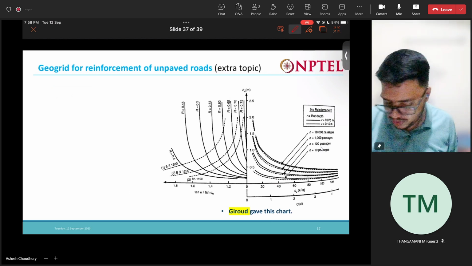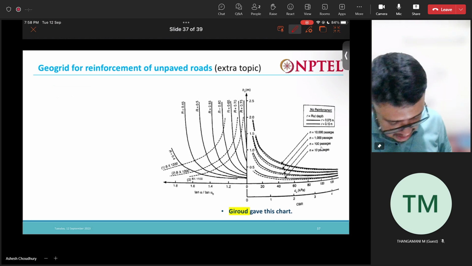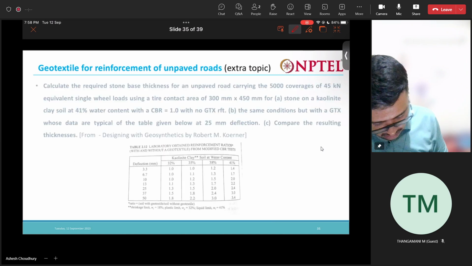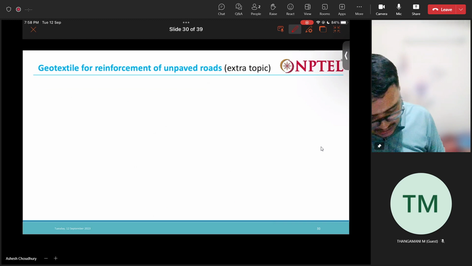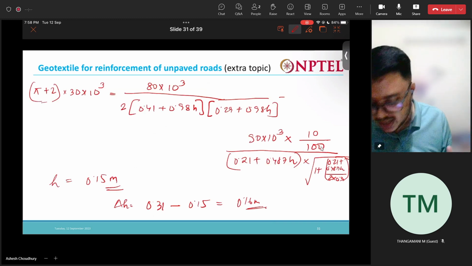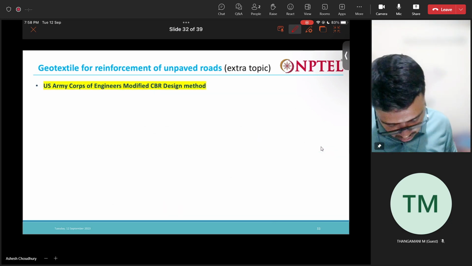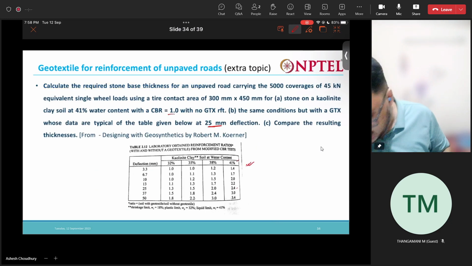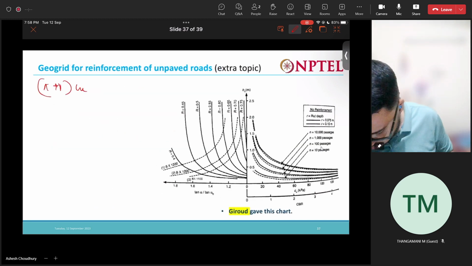But in this case you need to use pi plus 1 cu. So here we used pi plus 2 cu in case of geotextile, but in case of geogrid, Giraud said that pi plus 1 cu has to be used. If you use pi plus 1 cu, you can get this.